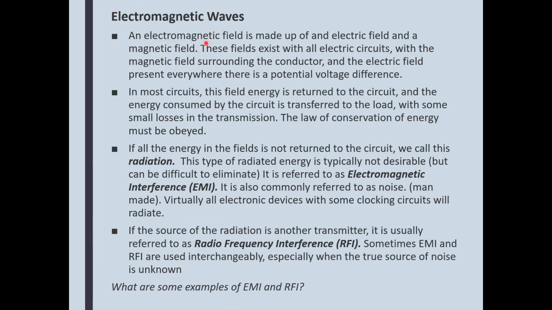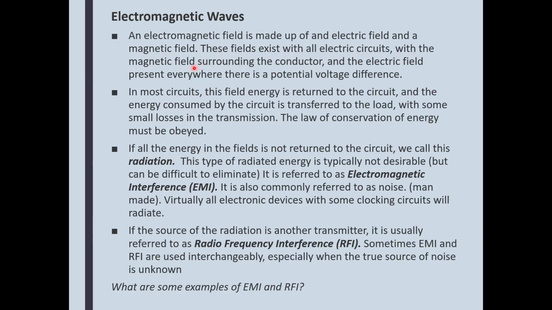All right, electromagnetic waves continuing. An electromagnetic field is made up of an electric field and a magnetic field. These fields exist with all electric circuits. You build a circuit on your breadboard, you are going to have an electromagnetic field around it for sure. Some of them are going to be stronger, some not as strong.